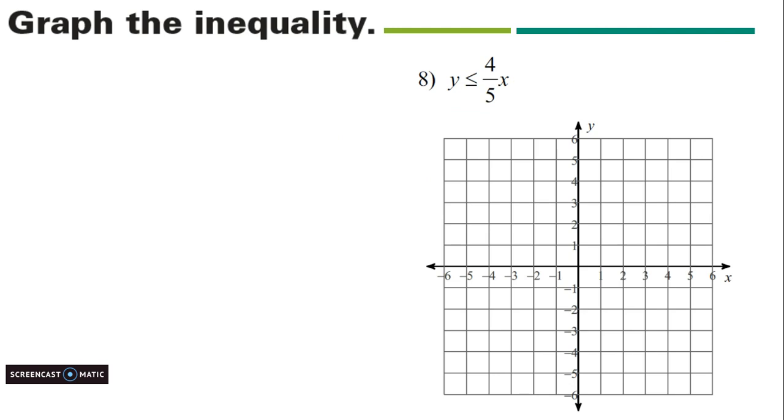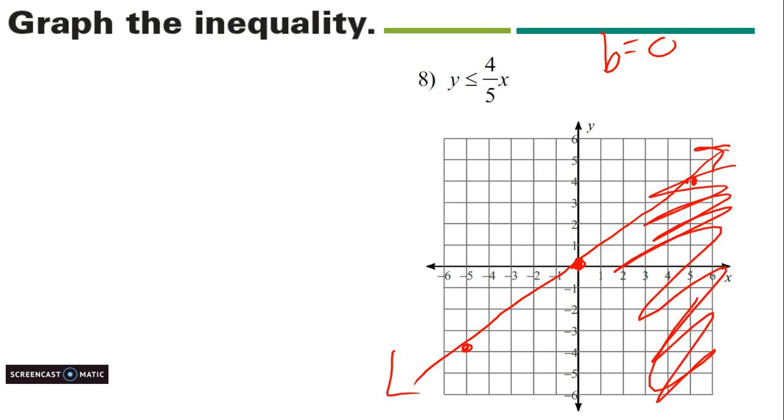There's a less than or equal to. So the y-intercept is 0. Slope is 4 over 5, so we're going up 4 over 5. We can go down 4 and over 5 if we want to. Solid line. It's less than or equal to, so we're going to shade below.